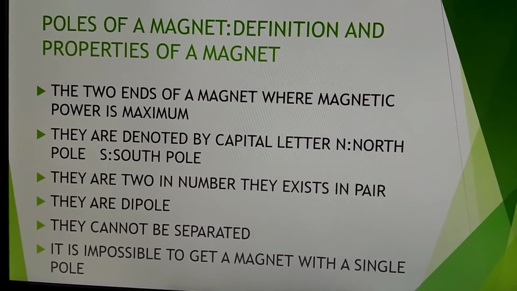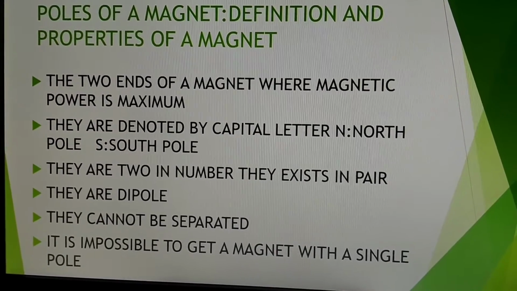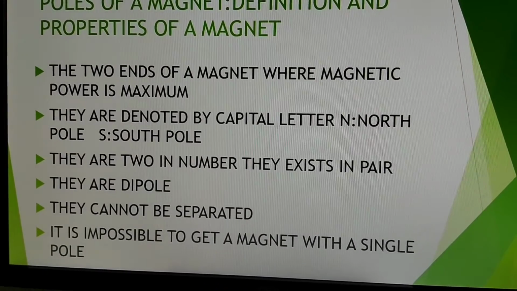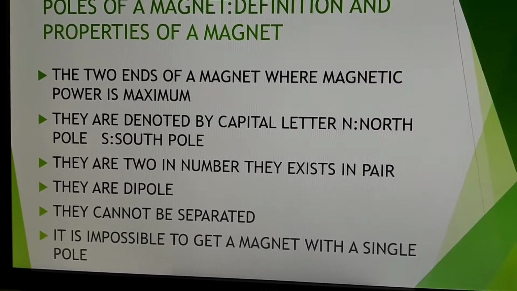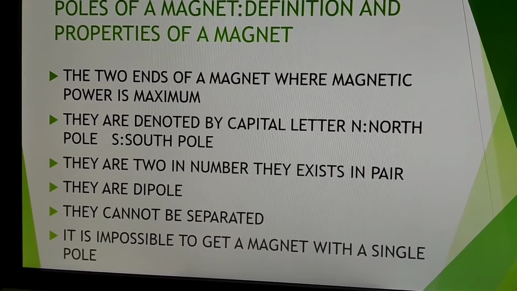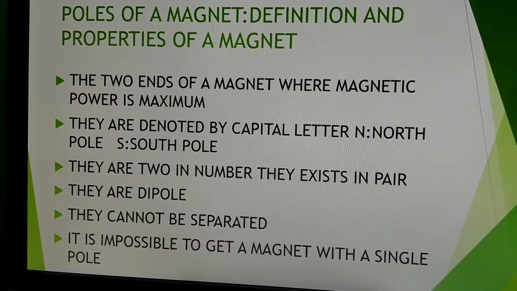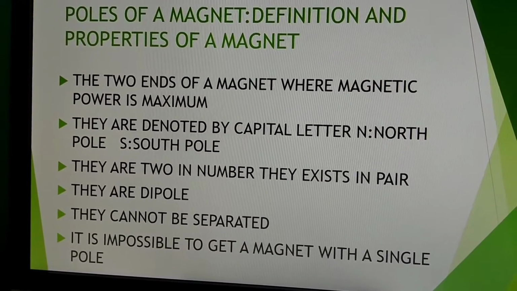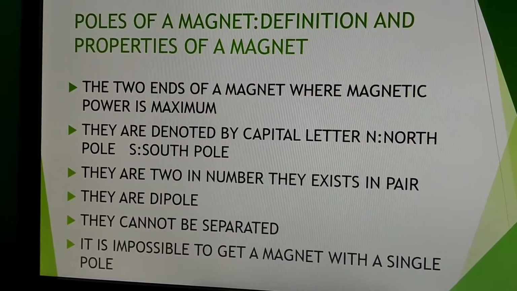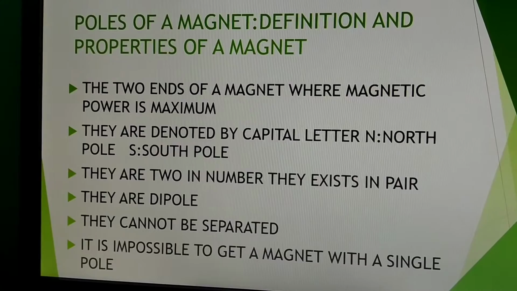Coming to poles of a magnet. What are these poles? The two ends of a magnet where magnetic power is maximum. These are denoted by capital letter N, which stands for North Pole, and S, which stands for South Pole. Poles are two in number. Poles always exist in pair.